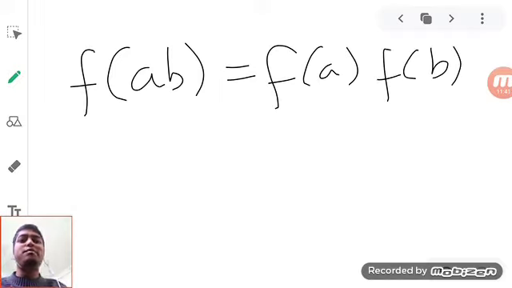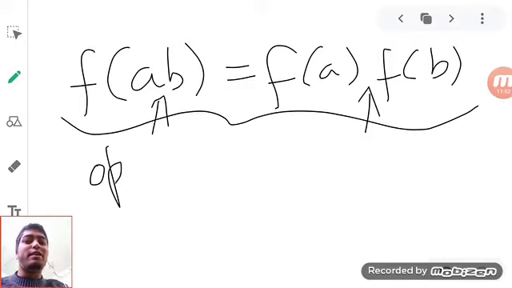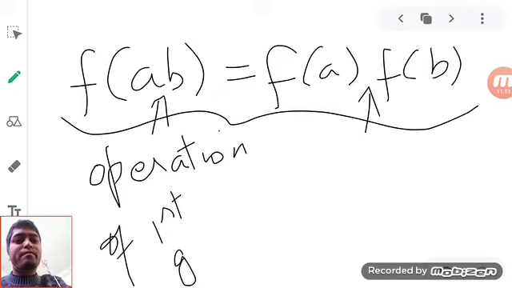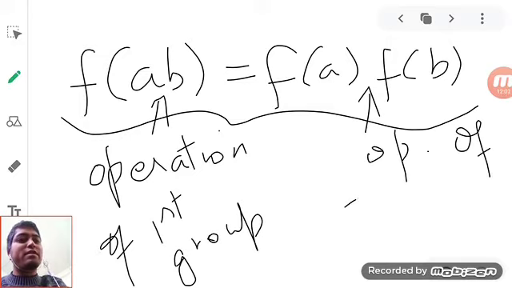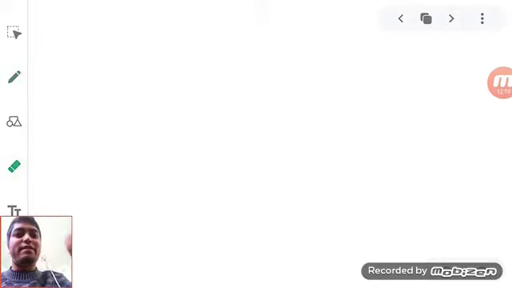But it should be understood that in between a and b is the operation of the first group, and in between f(a) and f(b) it is the operation of the second group. They don't write it down anymore, but it should be understood. So even if they don't write it down, you should know that it is there. So let us have that theorem.